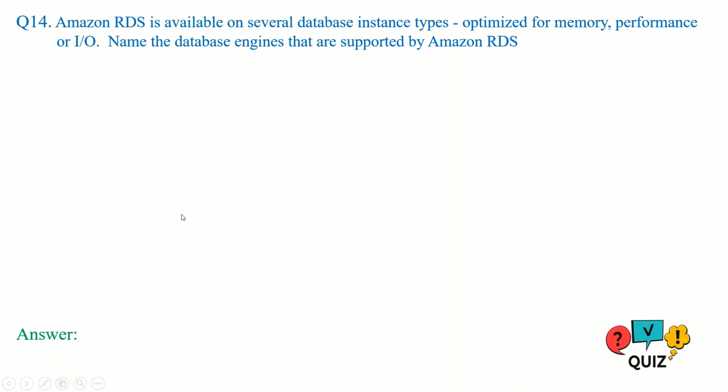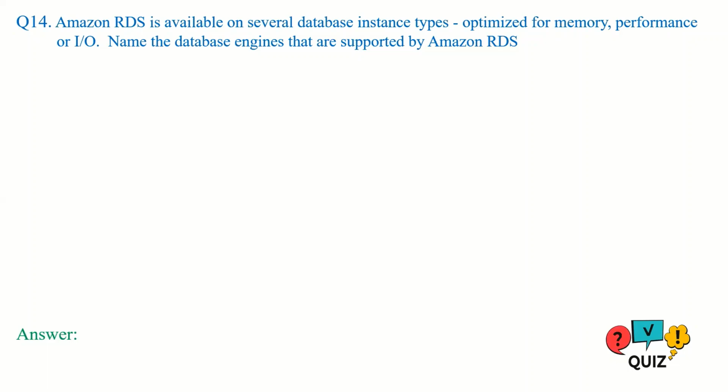Here comes the next question. Amazon RDS is available on several database instance types, optimized for memory, performance, or input/output operations. Name the database engines that are supported by Amazon RDS. MySQL. Okay. And PostgreSQL. Okay. Anything else?